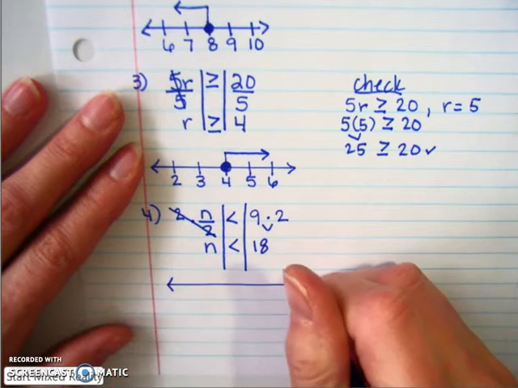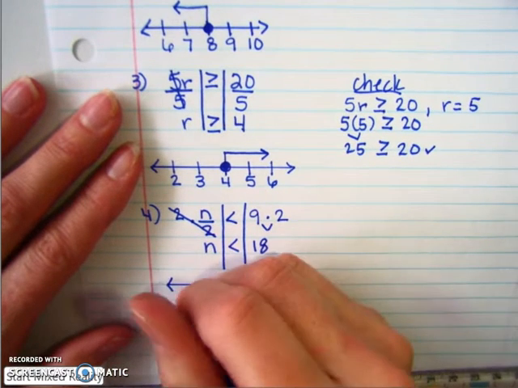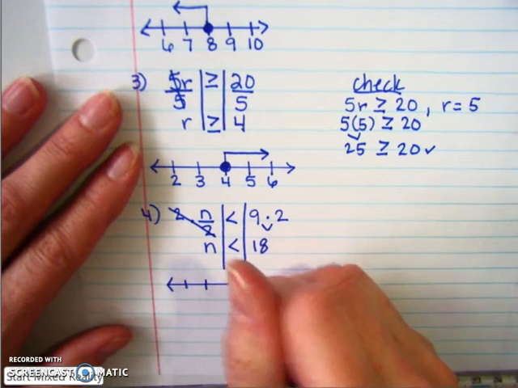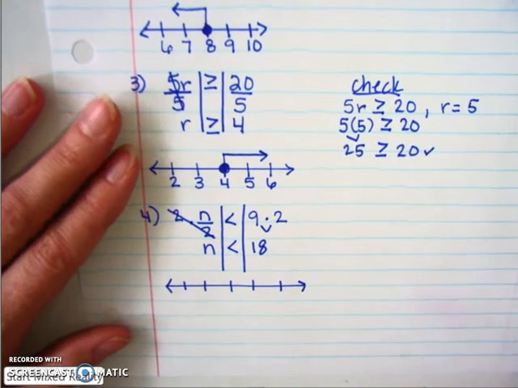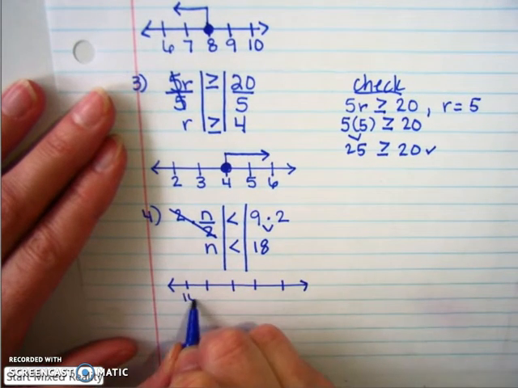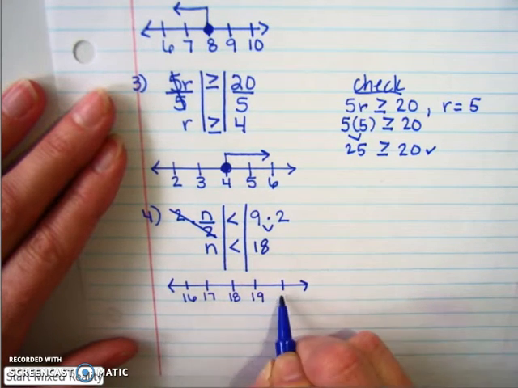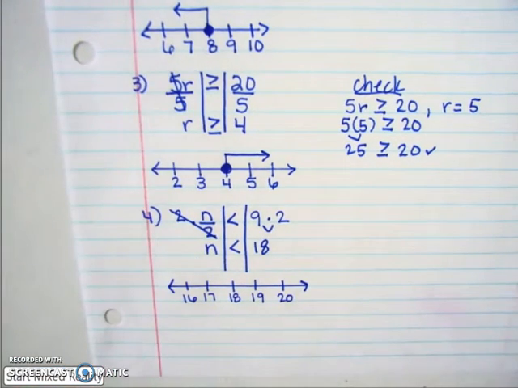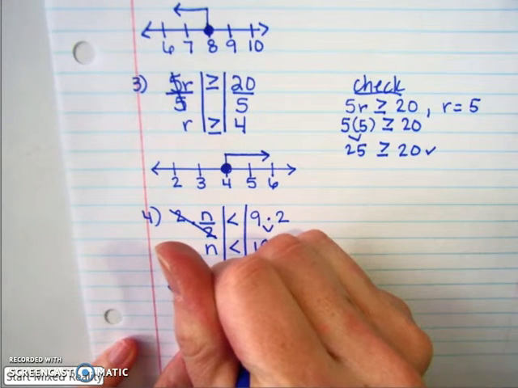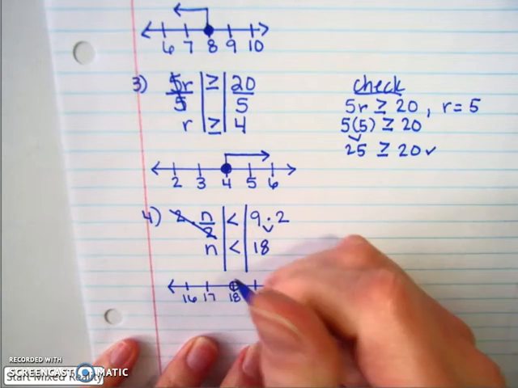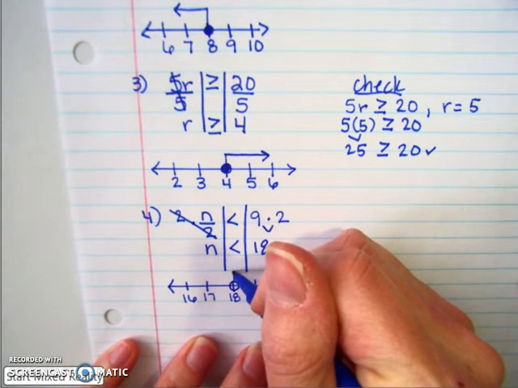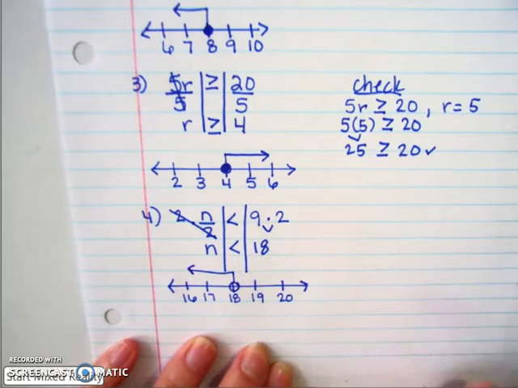Let's go ahead and graph. I'm going to start here at 16, 17, 18, 19, 20. Since I need n to be less than 18 but not include 18, I am going to put an open circle around 18, and since it's going to be less, I'm going to go to the left.